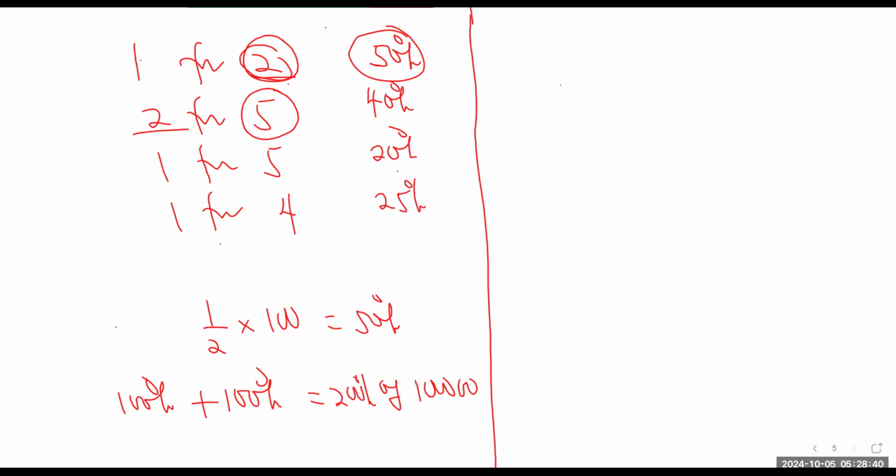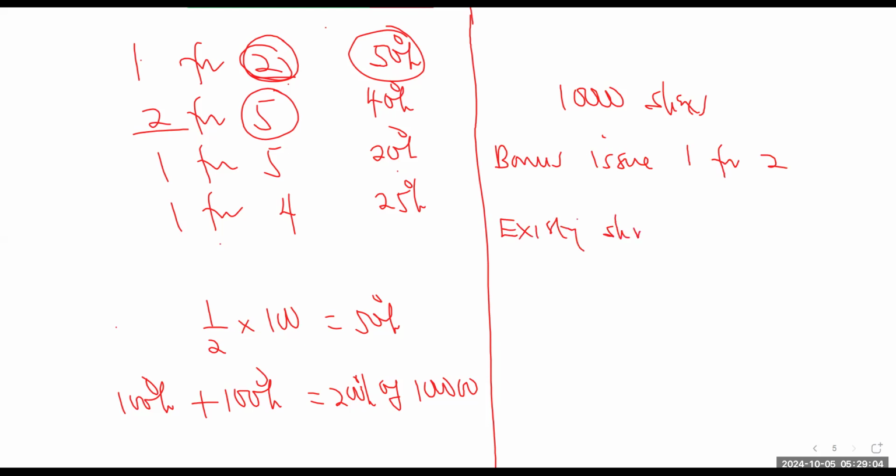Okay, let's come here. Let's say we have 10,000 shares, and they are saying that a bonus issue of 1 for 2 is made. What will be our total number of shares after the bonus issue? It will be the existing shares, 10,000, plus the bonus issue.